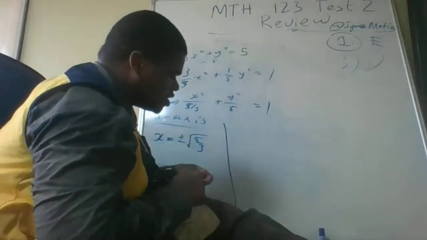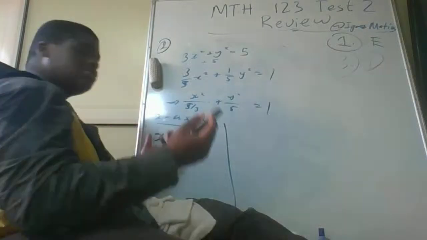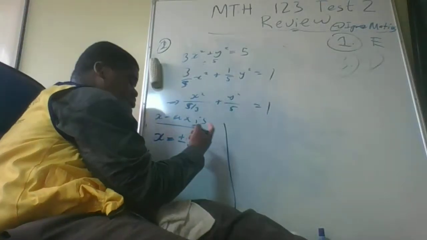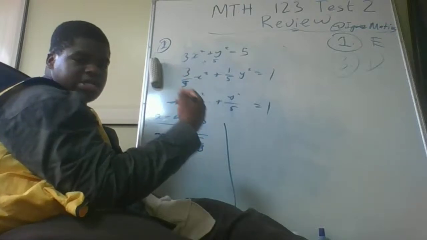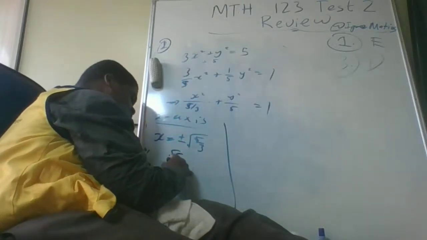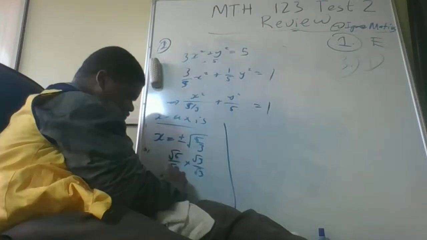But if you check the options, there's no square root of 5 over 3 there. So the question is, what did they do? They rationalized. Since you have the square root of 5 over 3, you can multiply the numerator and the denominator by root 3, so that you have root 5 over root 3 times root 3 over root 3.